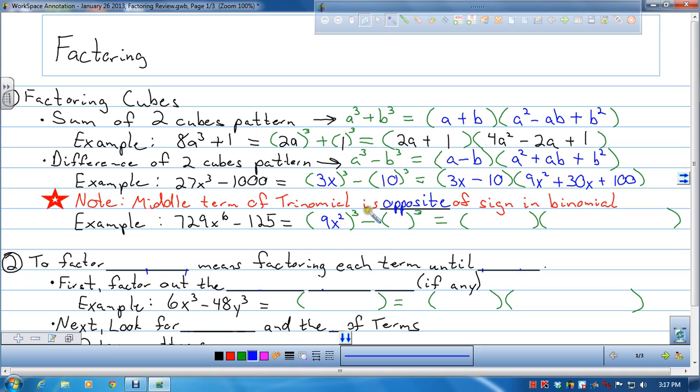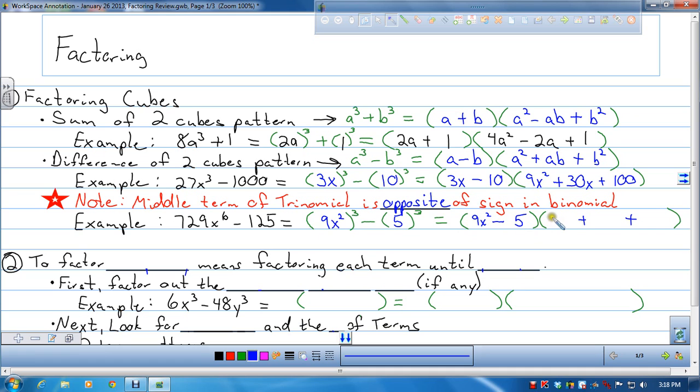What did I cube to get 125? Well, I cubed 5. The negative stays there. Then that would make this first sign positive, and this second sign over here is always positive. So I'd have 9x squared, and I'd have a 5. Now I've got to square this.